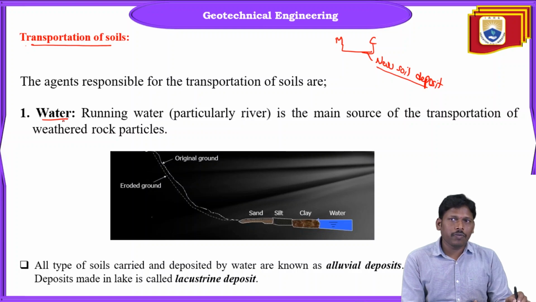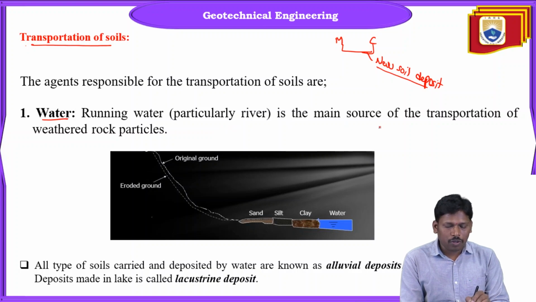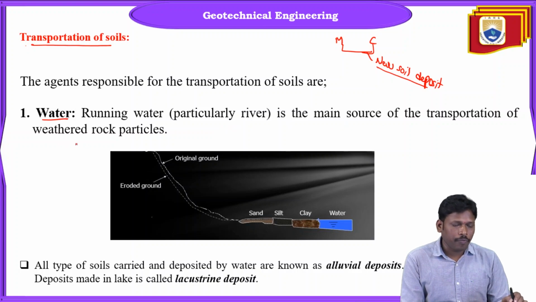The first agent is a very major one. It is responsible for the formation of transported soil, and this is water, running water, particularly rivers. This is the main source for the transportation of weathered rock particles.